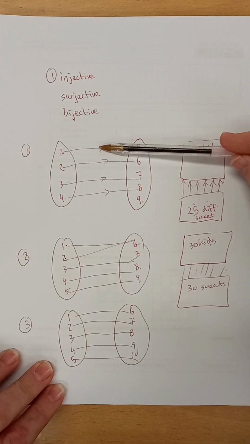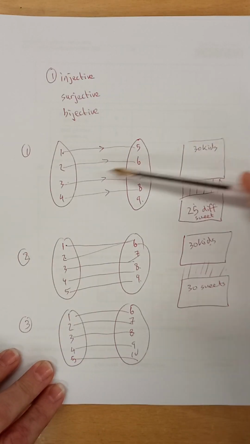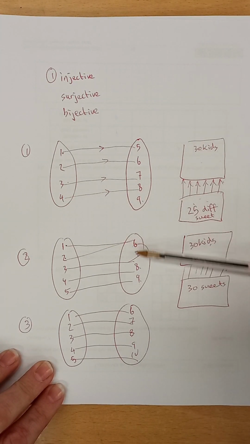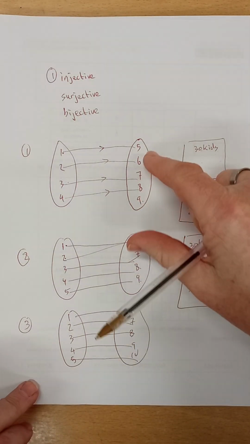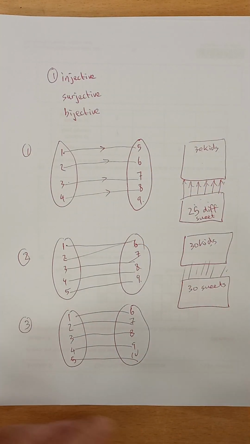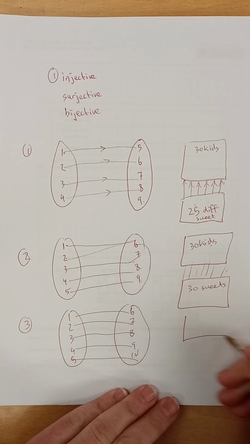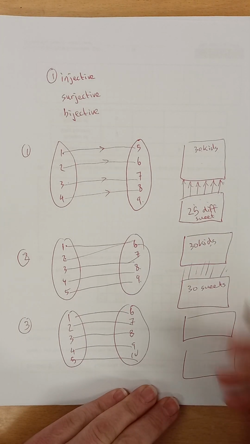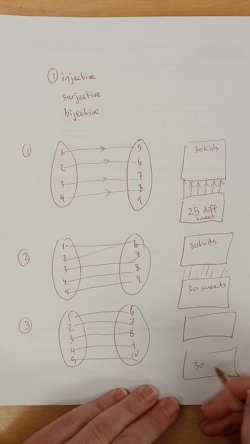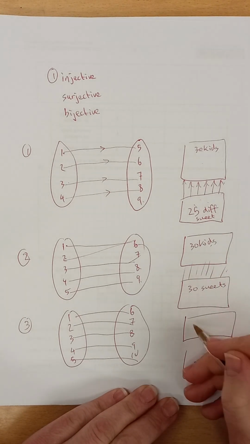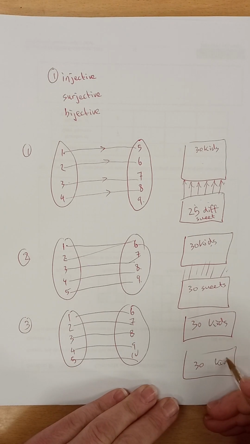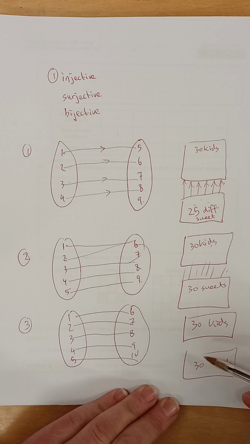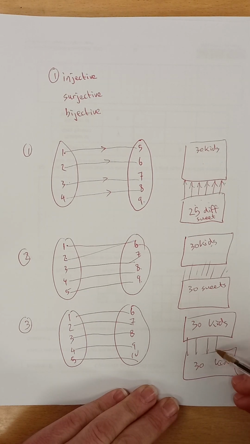So you can see it takes the individualization of this with everyone getting something from this. So when you combine the injective and surjective, you get your bijective. So what this means in terms of our kids is, like the surjective, 30 sweets give 30 kids. But like the injective, they're all individual.